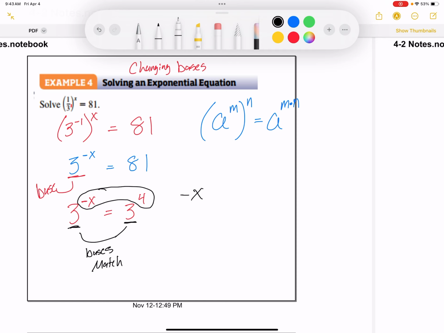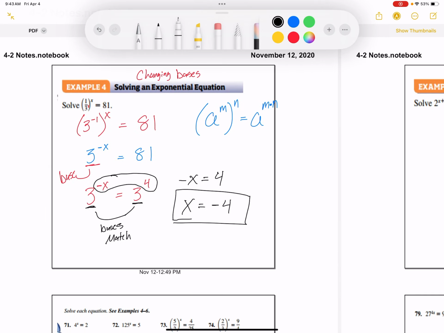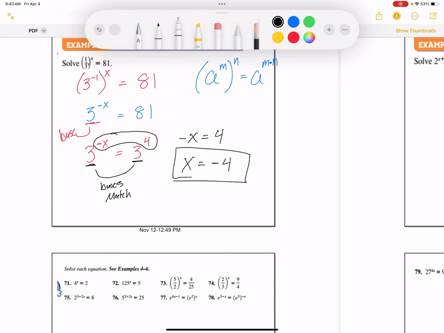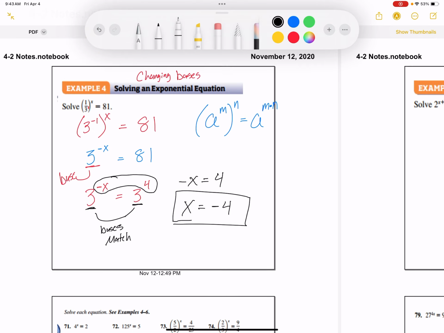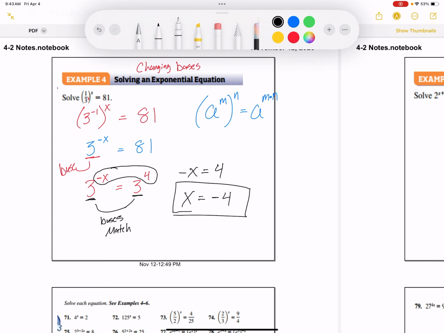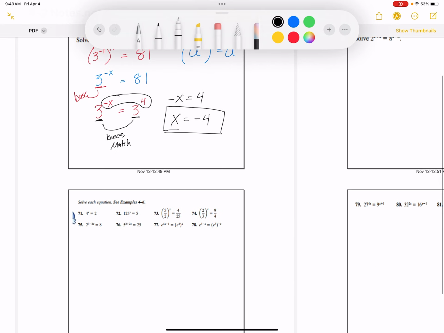So negative x equals 4, which means x equals negative 4. Bam. That's how you do it. You're going to be tempted to go about it your easier way, but trust me, don't do it yet. Wait till the whole story is revealed before you decide you know the ending. All right, let's keep rolling.